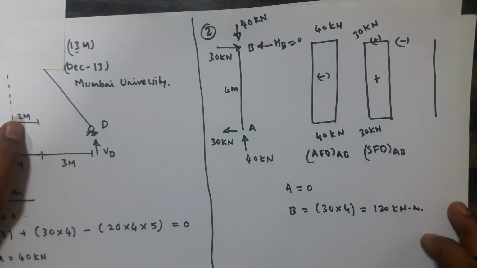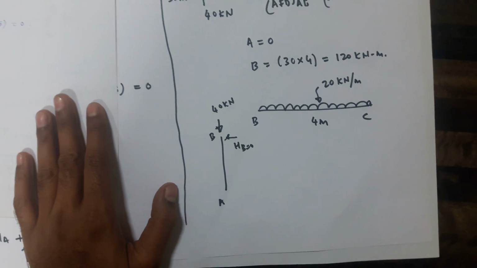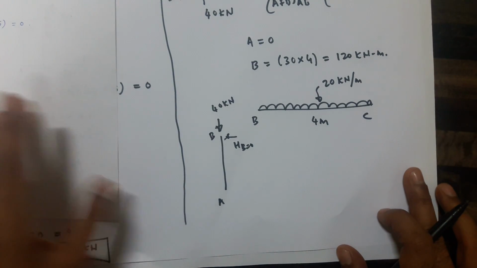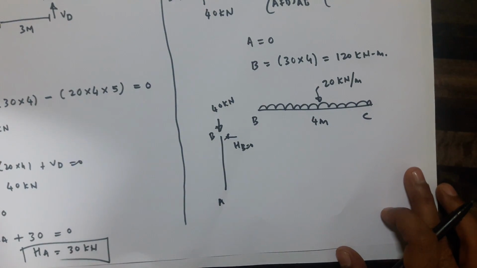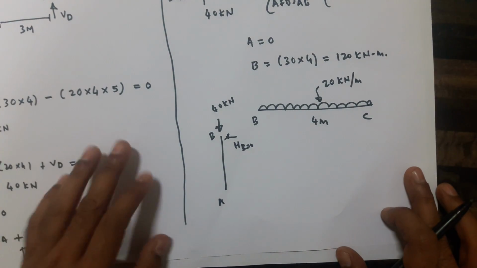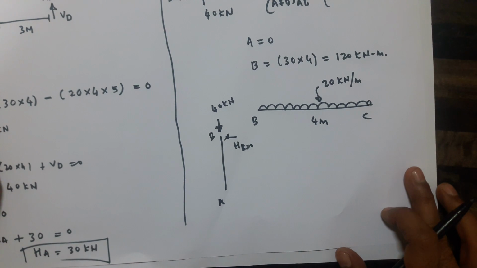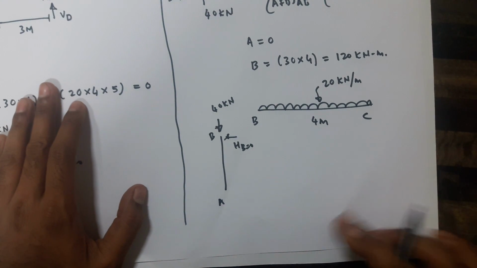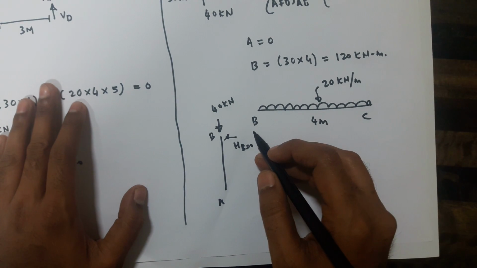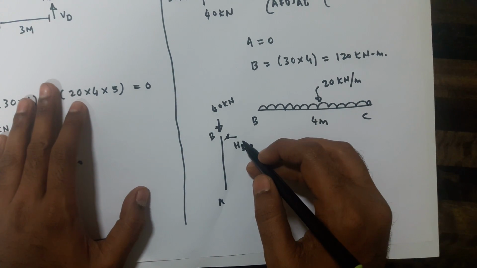Now we need to go for the analysis of member BC. Okay, we shall resume with the analysis of member BC. Before going to the analysis of member BC, first we have to make this joint B in equilibrium condition.